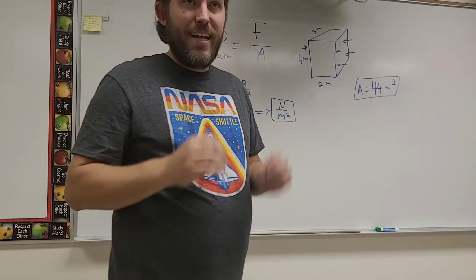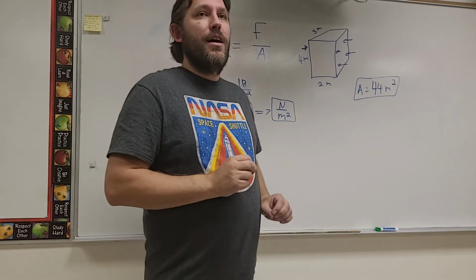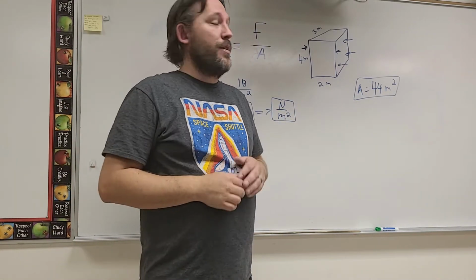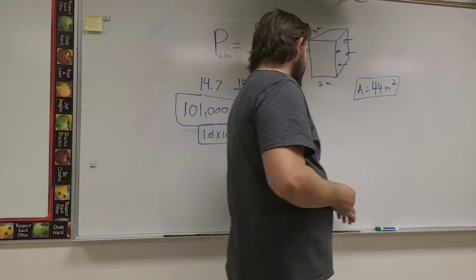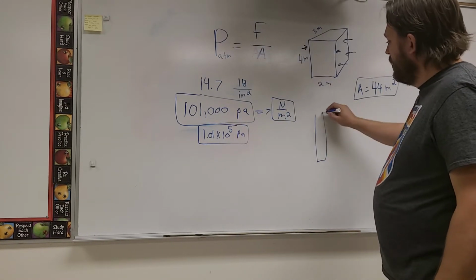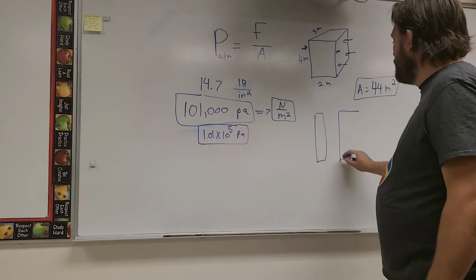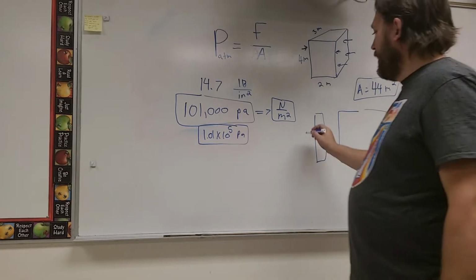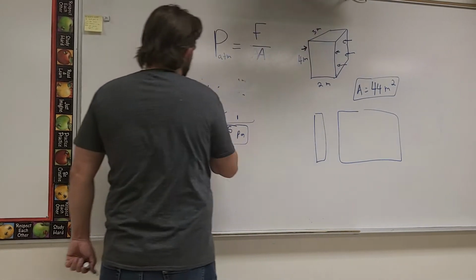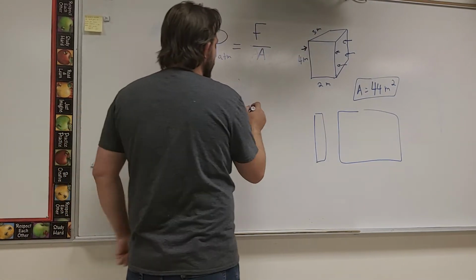The shape of the container has zero effect on it, and that's because the forces are balanced on all sides equally. So we can have a container that is straight vertical, or a massive swimming pool, or, I'm going to erase some of this here, we can even have a zigzagging container.